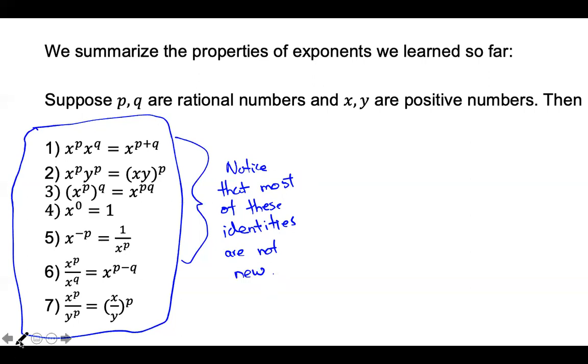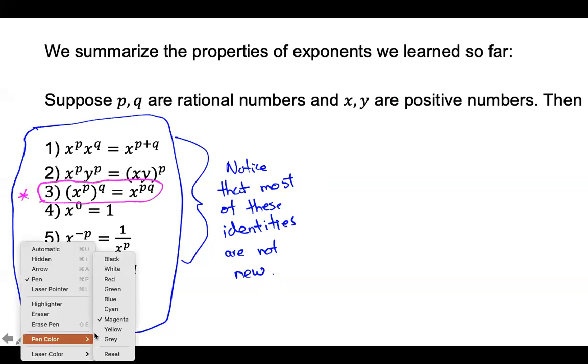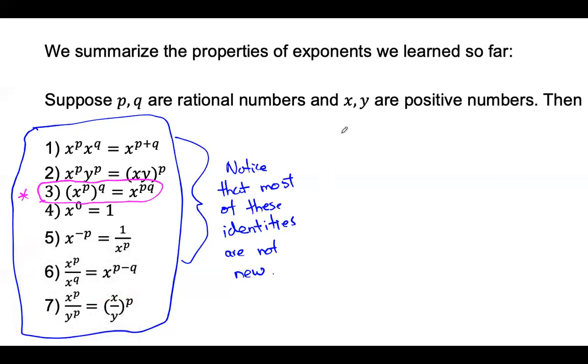The one you have to watch out for, I'll highlight it, is number 3. This is basically if X and Y are not positive. Then most of these properties still hold. 3 is the touchy one.